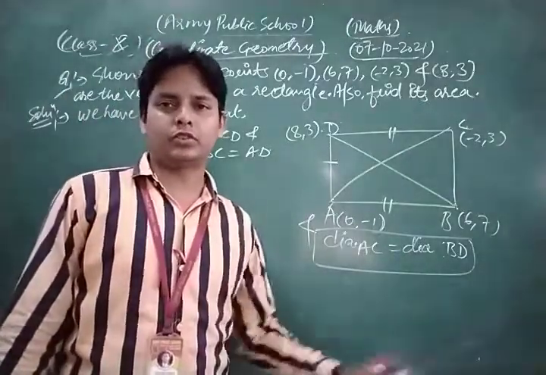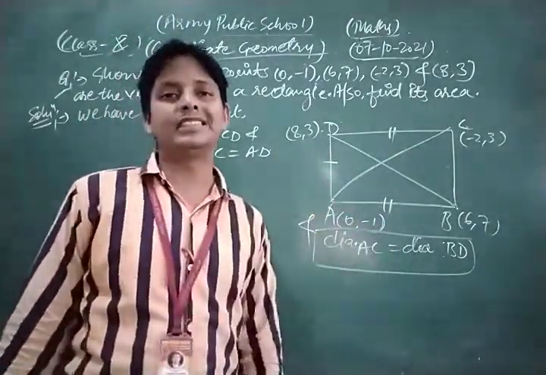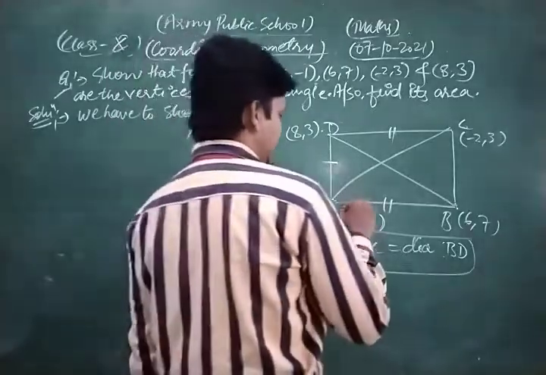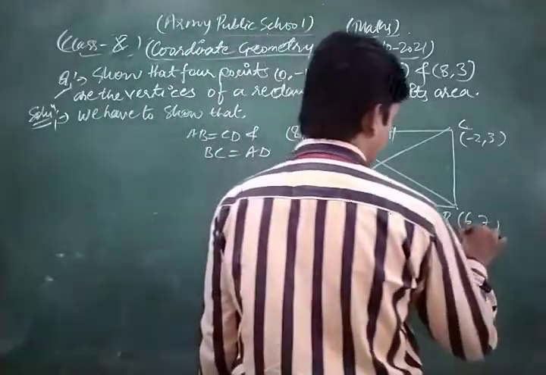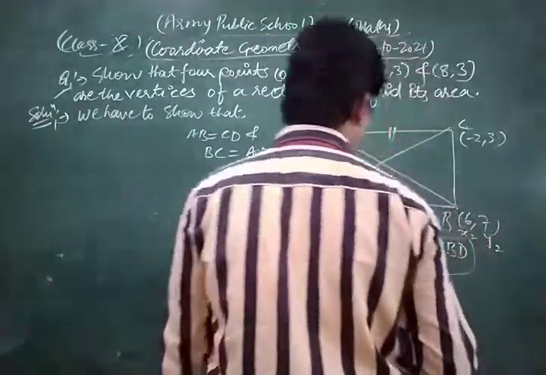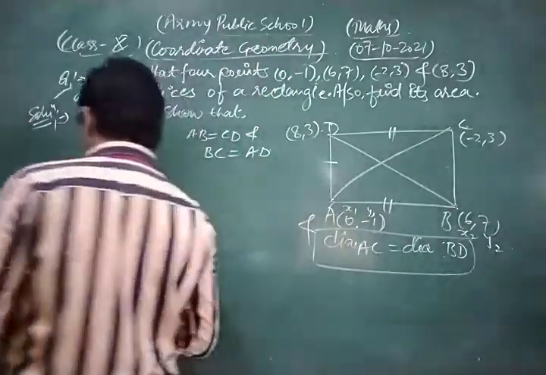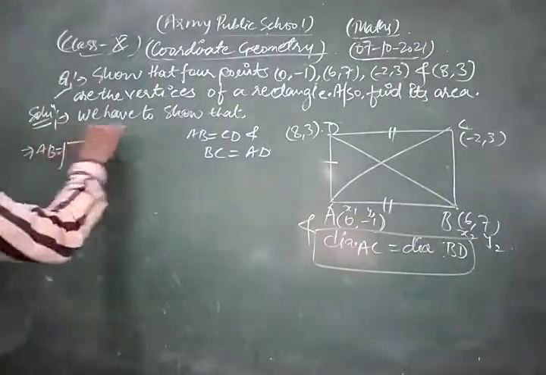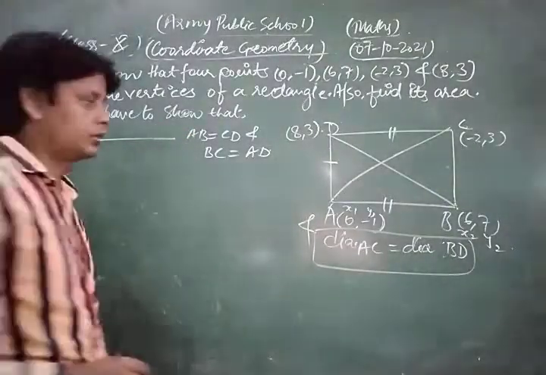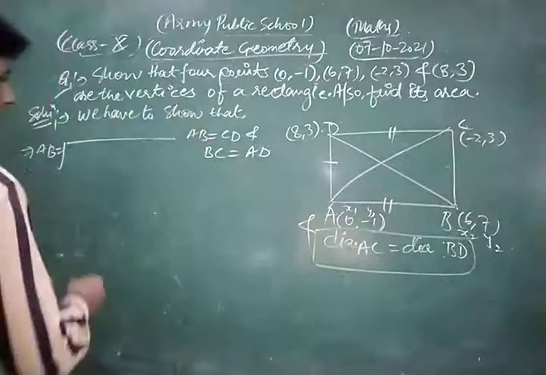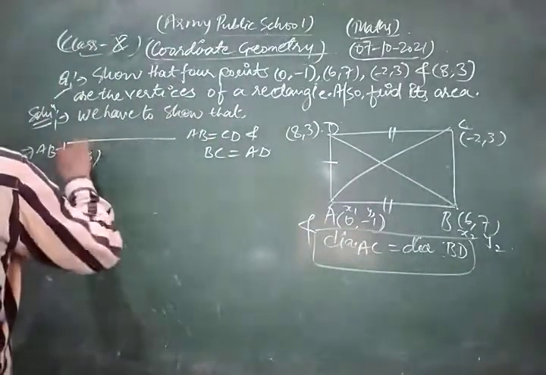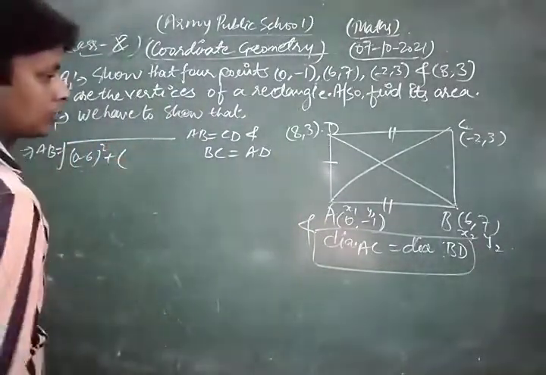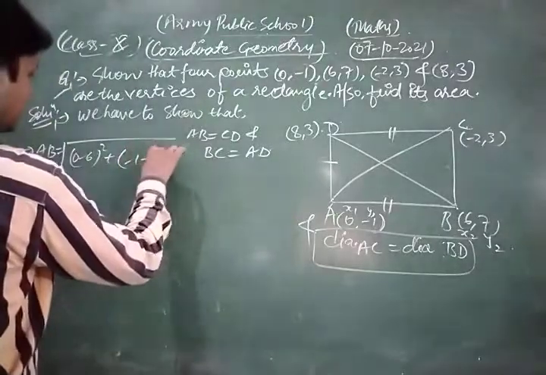So for that, first of all we find all of its distances. So we take x1 y1, x2 y2 for distance AB. Now we apply the distance formula: (0 minus 6) whole square plus (minus 1 minus 7) whole square.